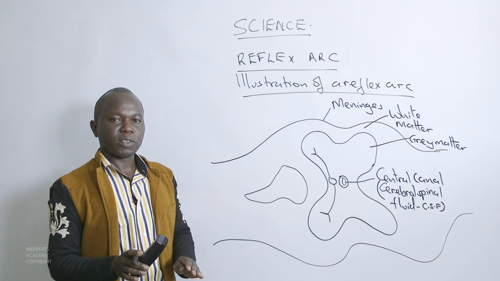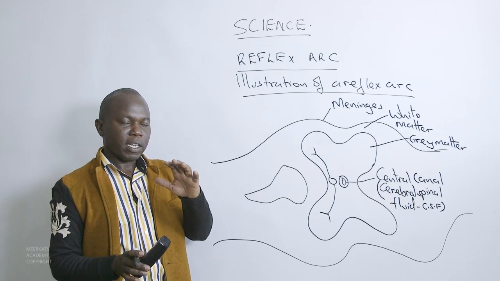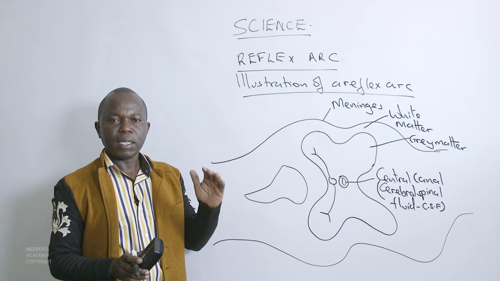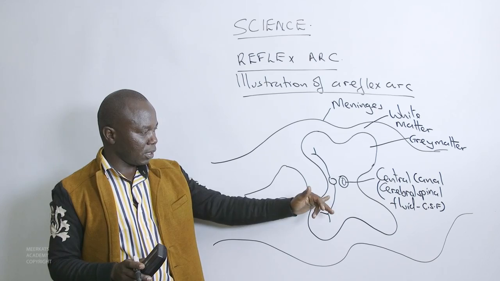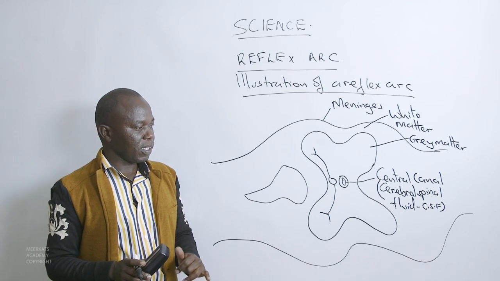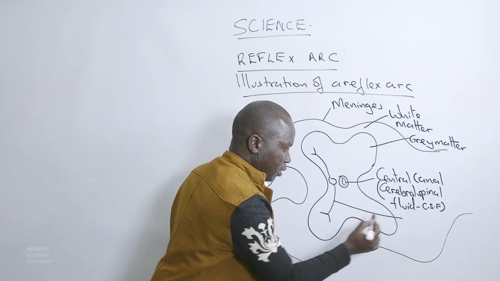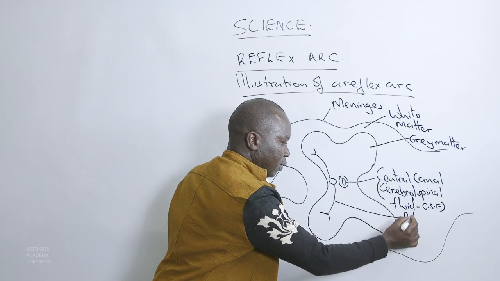We have described neurons in our previous lesson. We were able to identify one that is entirely found in the central nervous system. What is the name of that neuron? Yes, you can name it. It is called relay neuron.